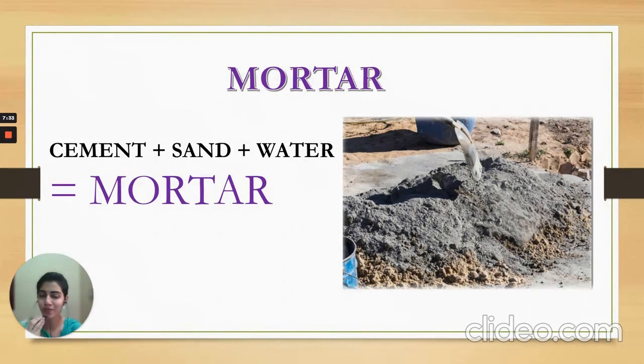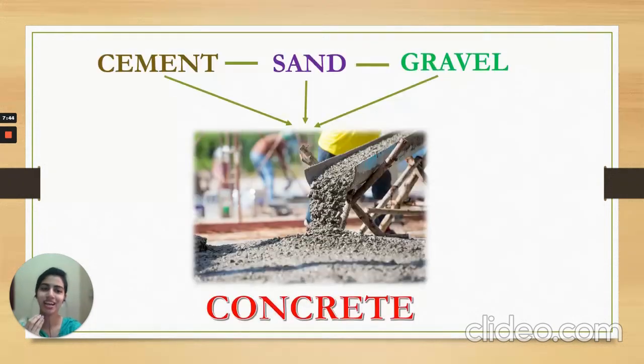Hope you understood about mortar. Once again, mortar is nothing but a paste that you get when you mix cement, sand and water. Now let's move on to concrete. Concrete is a mixture that you get when you mix cement, sand and gravel.